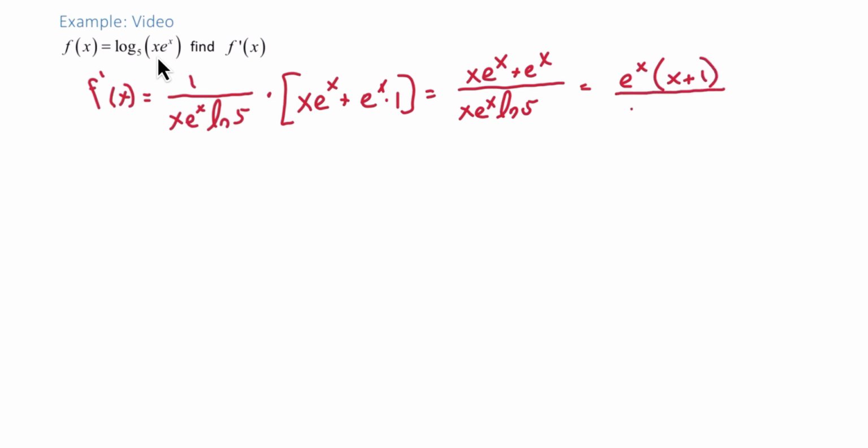And we'll leave the denominator as it is for now. And now we can cancel those e to the x's, and we get x plus 1 over x natural log of 5.